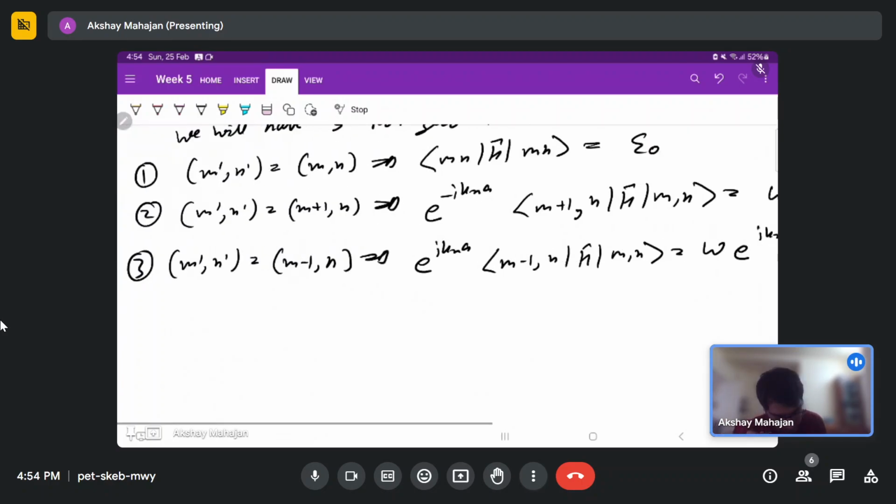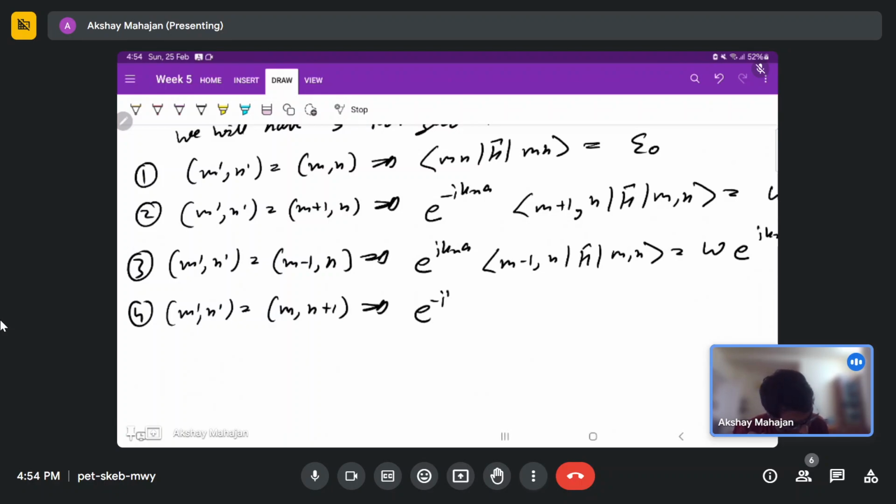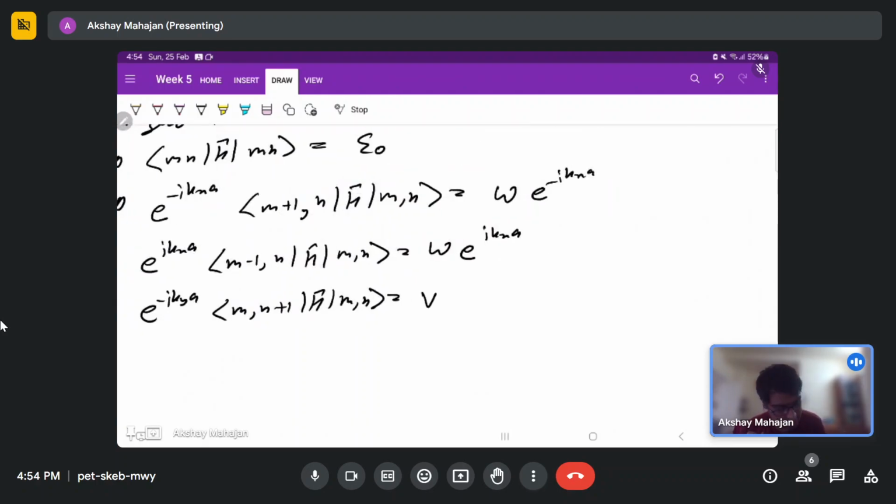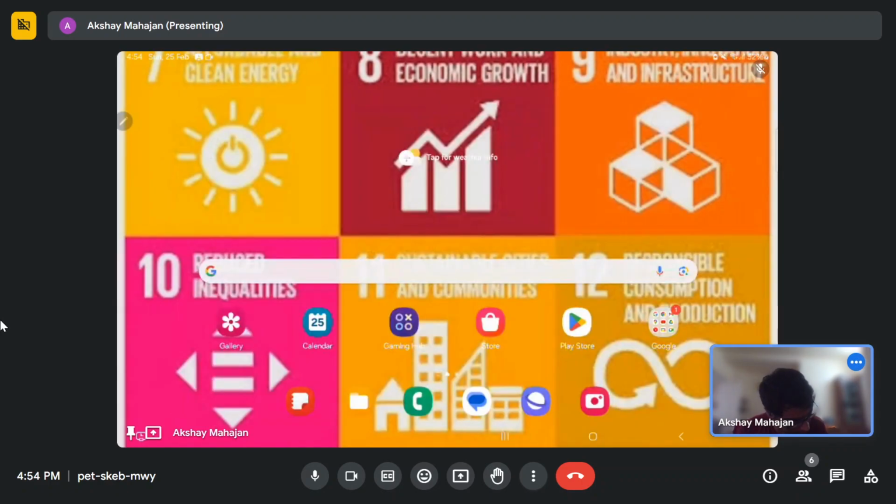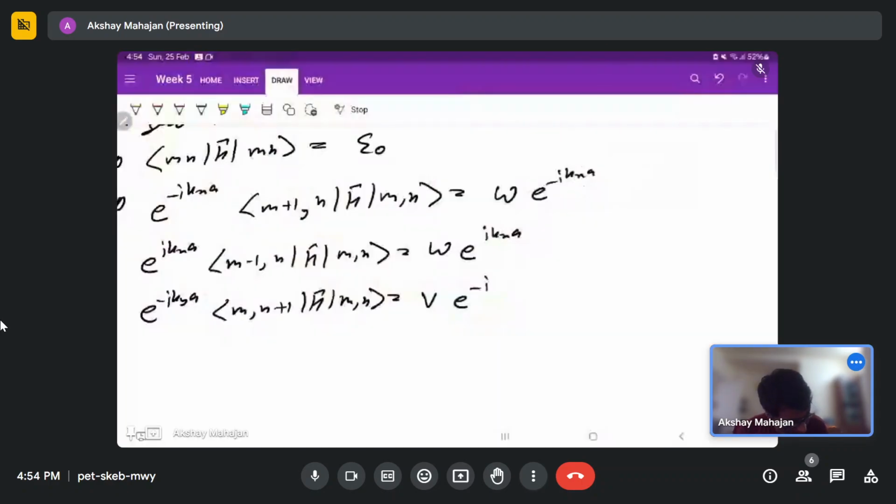Okay, similarly we will have m prime comma n prime equals to m comma n plus 1, e to the power minus iota ky b, m comma n plus 1 h cap m comma n, so this will be equal to, and now this is the hopping in the b direction, for which the integral is v, so it will be v times e to the power minus iota ky b.